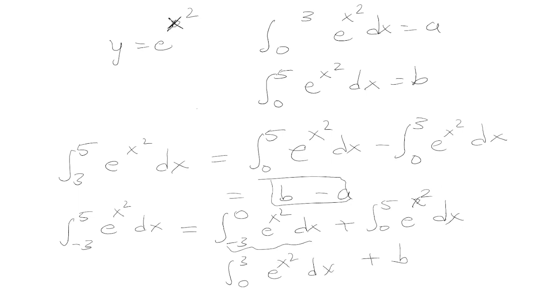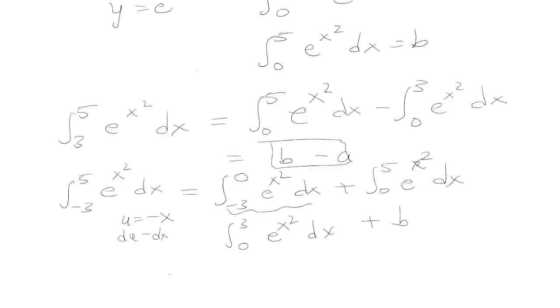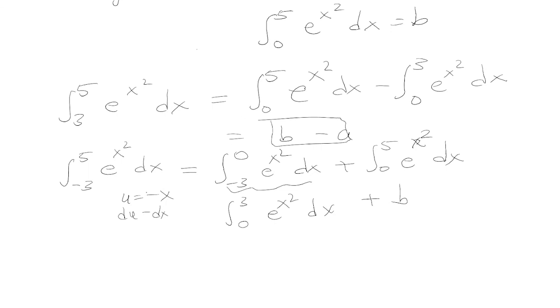And the reason is because this is symmetric about the y-axis. So if I were to say, okay, let u equal negative x, du will be negative dx. So you basically have, if x is 0, u is 0. If x is negative 3, u is 3.